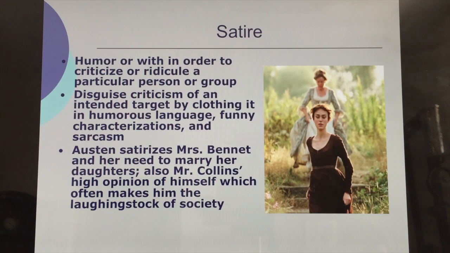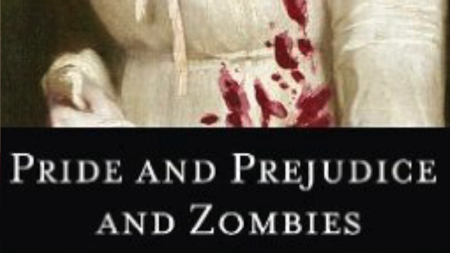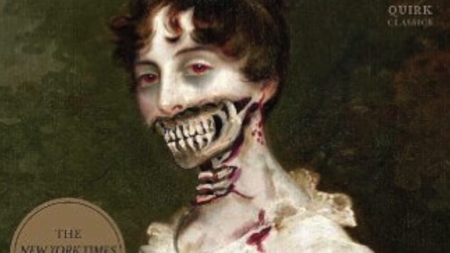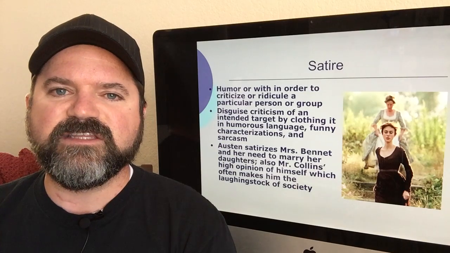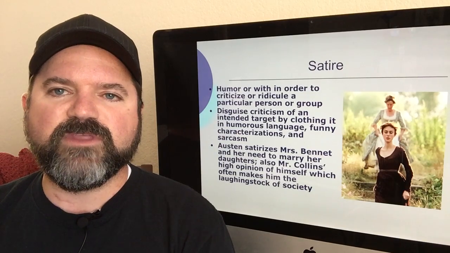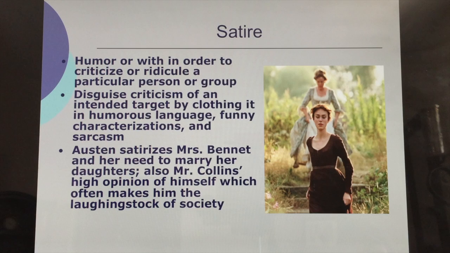Satire, this is a form of humor. It's making fun of something. It's really mocking some idea or a person, a group of people, those kinds of things. Instead of coming out and criticizing the people or the ideas, it shows them to be ridiculous by maybe exaggerating who they are and the way that they act, so that it seems silly.